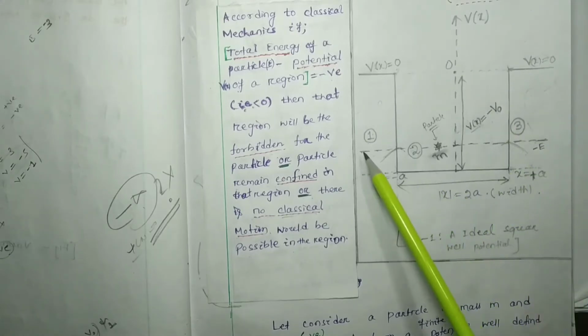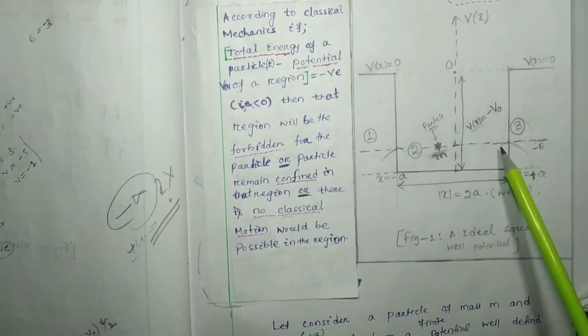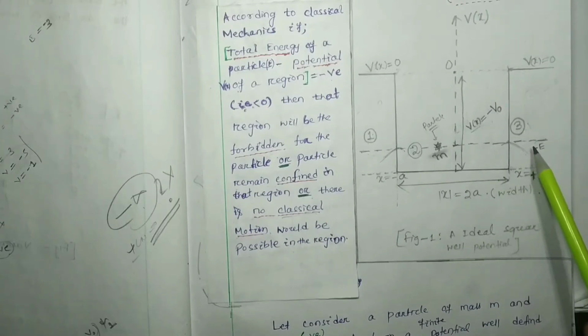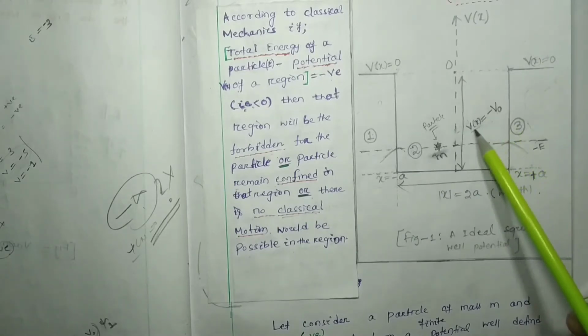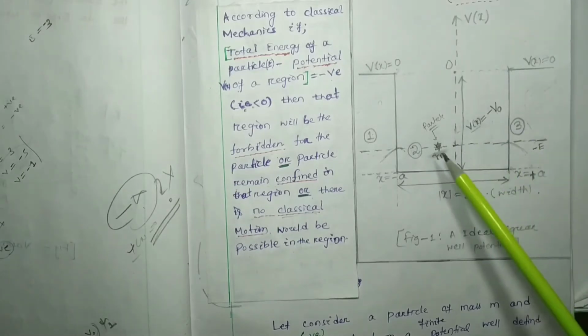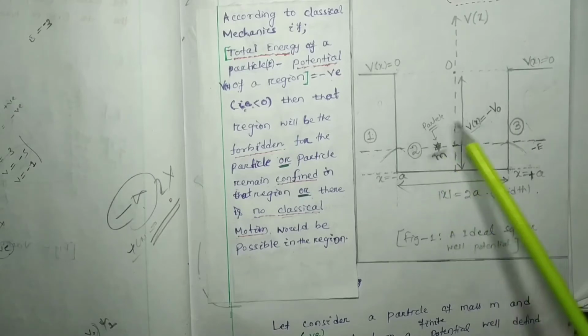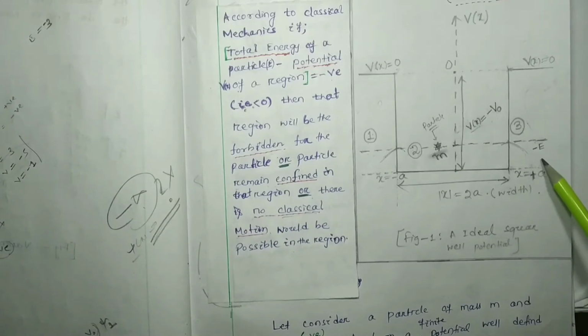The total energy of the particle, this dotted line, is also negative, but greater than the potential of region 2. Hence we get oscillatory behavior of the particle in region 2, but exponentially decreasing behavior in region 3 and region 1.